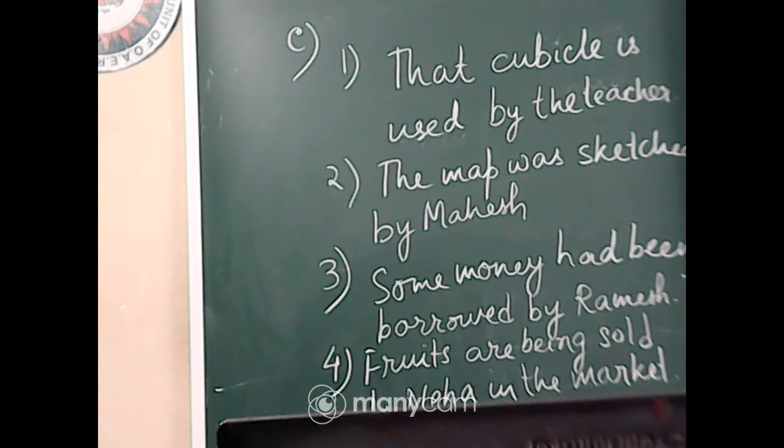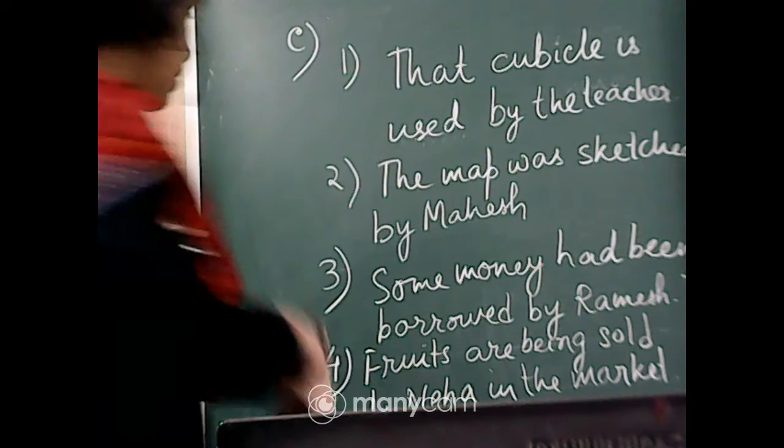Very easy. So, is or am or are, it will be is or are mostly, plus the verb 3 form of the given verb, the third form of the verb. Okay. So let us proceed with exercise number D.